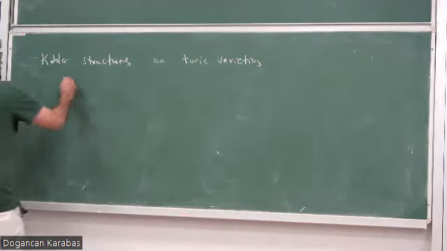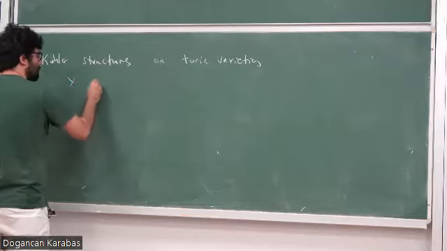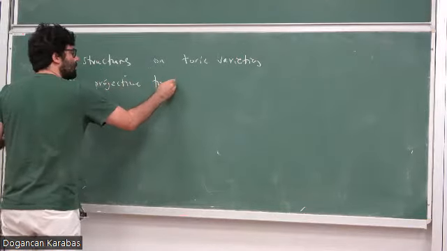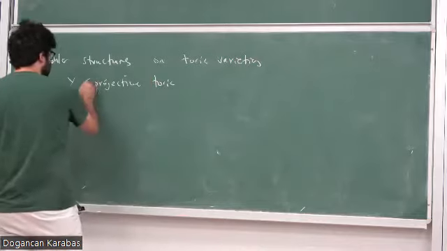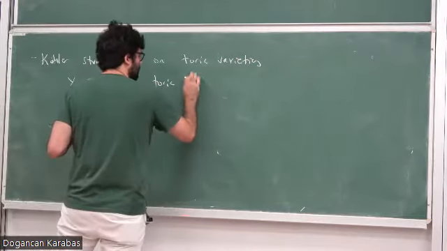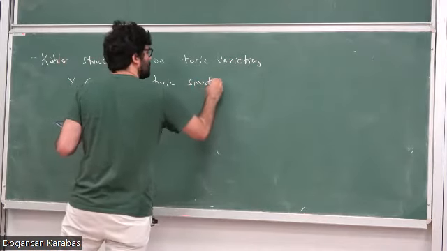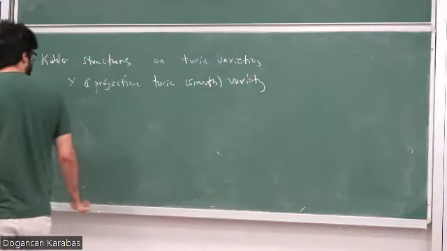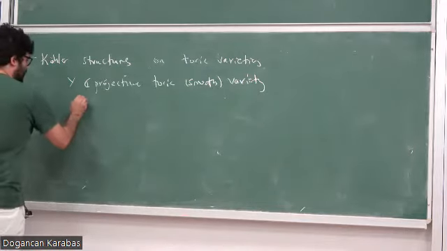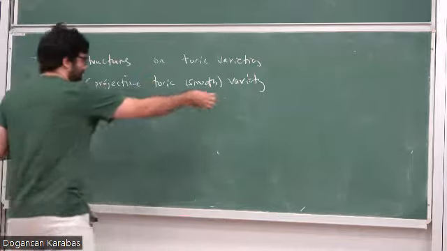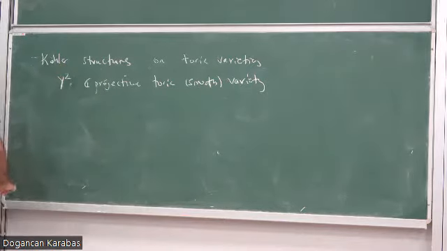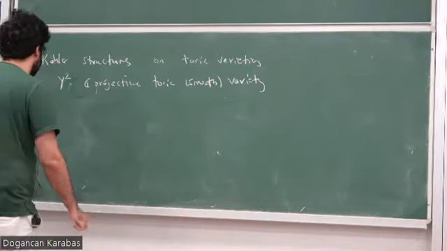I will just say, if you have a Y, which is a projective toric, complex projective, toric smooth variety, and let's also just say it's 2D, so it's a surface, just because that's the case that we're going to be interested in later on.